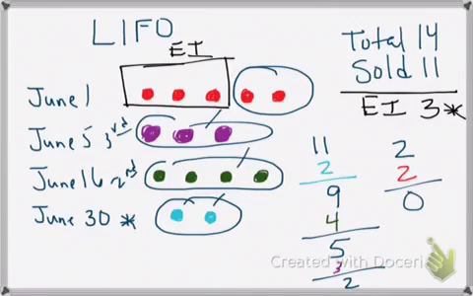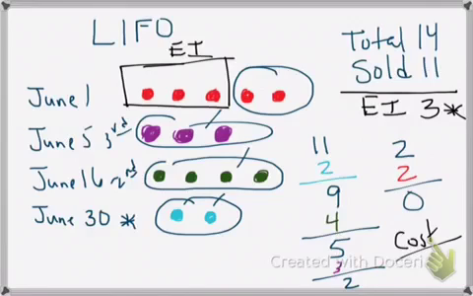So when we look at LIFO, the last units we purchased are the ones that are going to be in our cost of goods sold. The very first units that we purchased would be our ending inventory. And so this is the cost flow that you actually see here under that periodic system of these inventory assumptions.